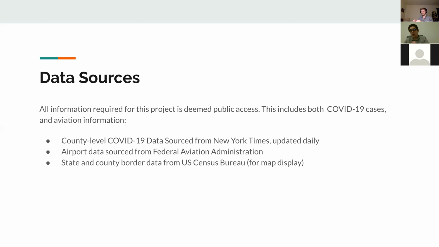This data was county-specific data for COVID-19, which came from the New York Times, airport data, which comes from a branch of the government, the Federal Aviation Administration, and state and county borders, which came from the US Census Bureau. All this data together was aggregated for the front end so that we could properly place all the visuals and have all the interactivity in all the right places.